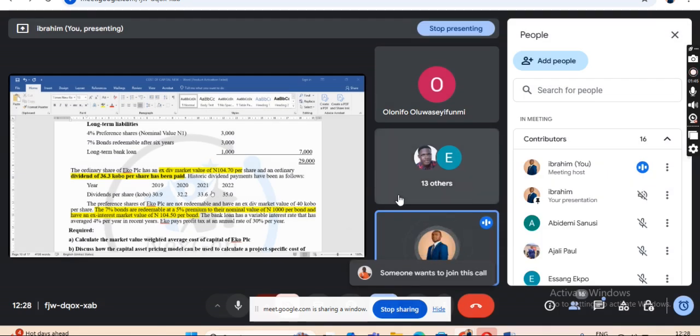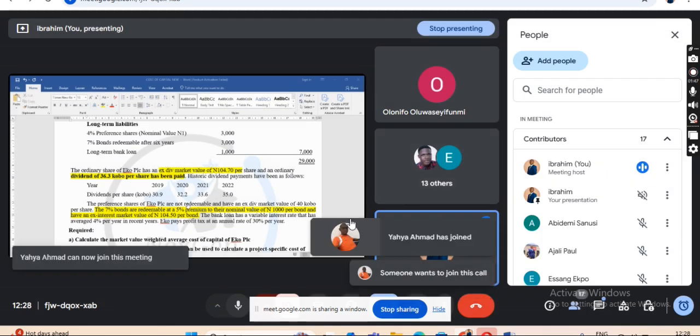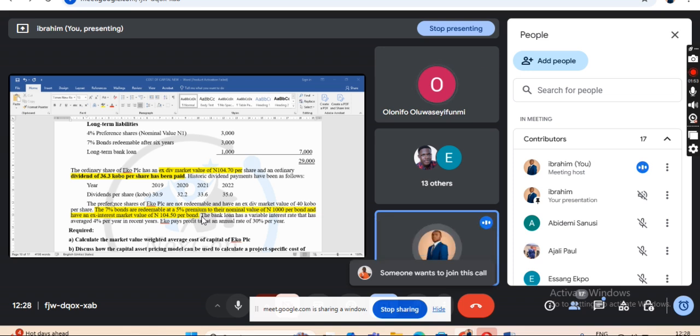Now, the nominal value of the redeemable debt in this question is 1,000, and the premium is 5%, which means that the premium will be 5% above the nominal value, so we are adding the 5% to the nominal value. But if it is at a discount, you have to subtract 5% from the 1,000 naira, so that you will have about 95 thereabout, right?